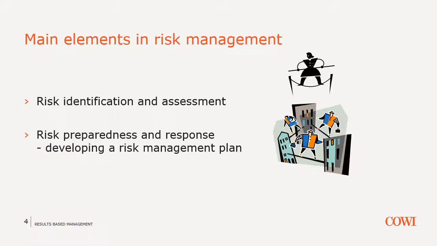Secondly, risk preparedness and response. How are we going to respond to the risks if they materialize? We want to identify mitigating measures and develop a risk management plan. In the project implementation phase, you have to monitor your risks closely and also look out for potential new risks.